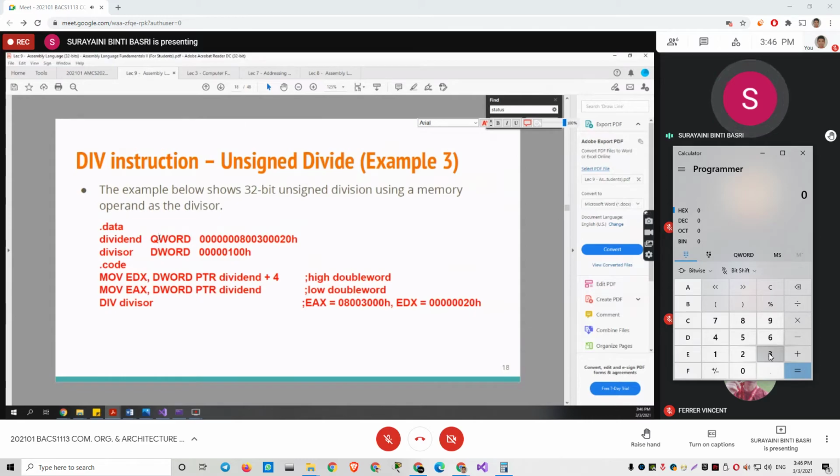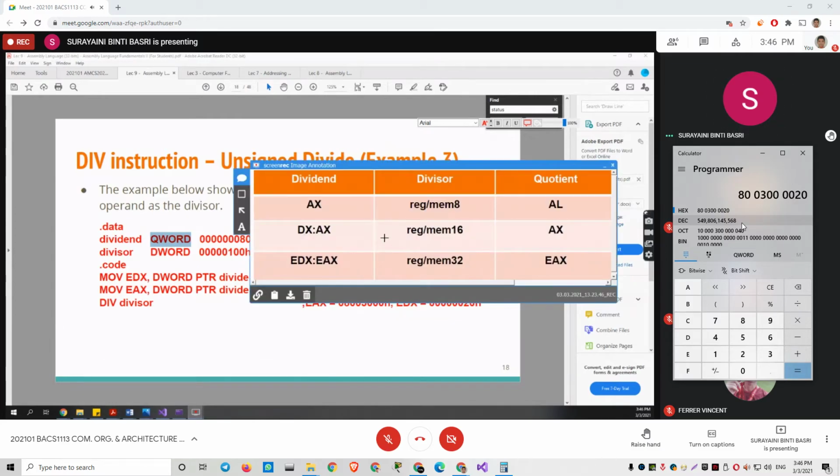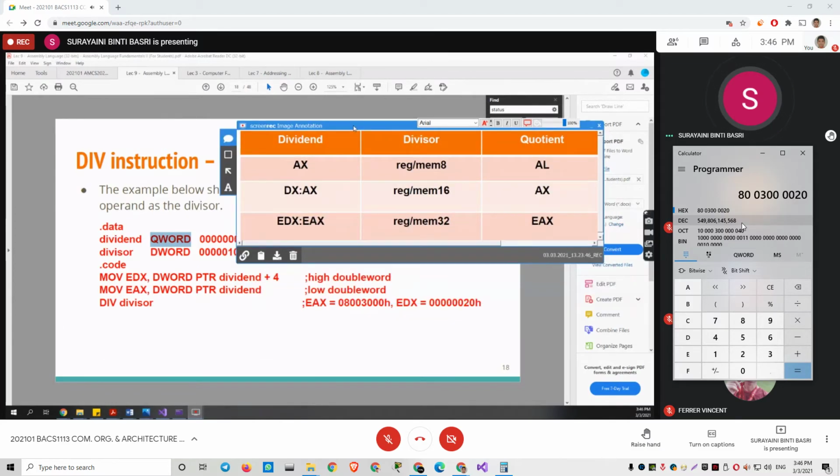That's why this is in qword size and this is in dword size. First you declare this variable. After that, if you refer to this one, if you remember, the dividend must be stored inside two registers, which is EAX and EDX.